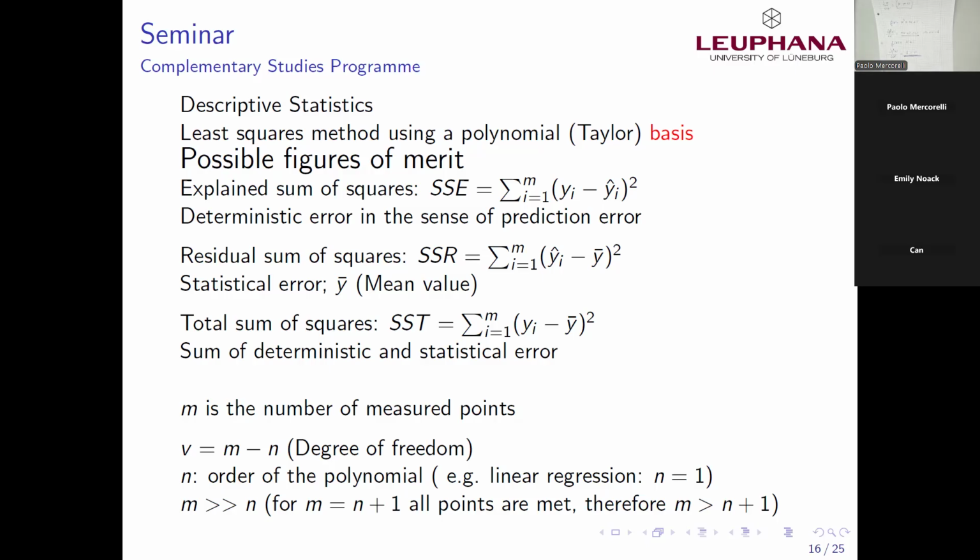If I divide it by m minus 1, it is exactly the variance. I don't know if you remember statistics. Basically, the SST is the variance multiplied by m minus 1. So actually it is the variance. In fact, we have everything which I know. yi are the measurements, and y hat is their mean value, no? The mean value of the measurements.